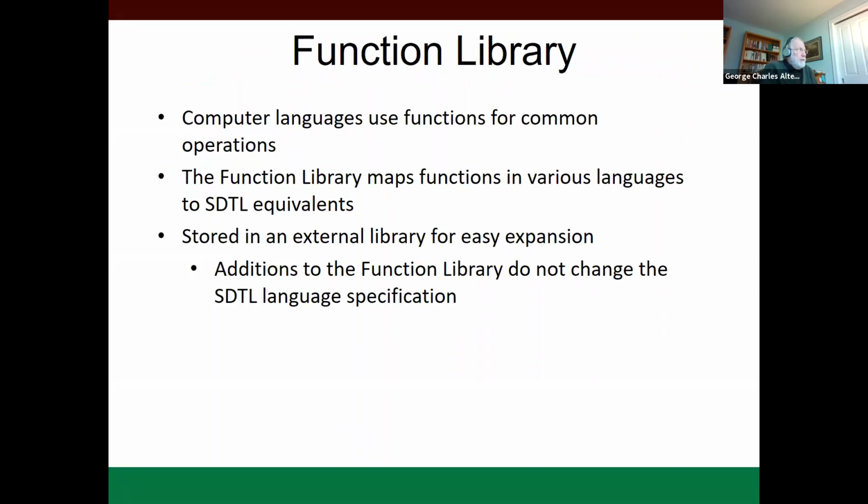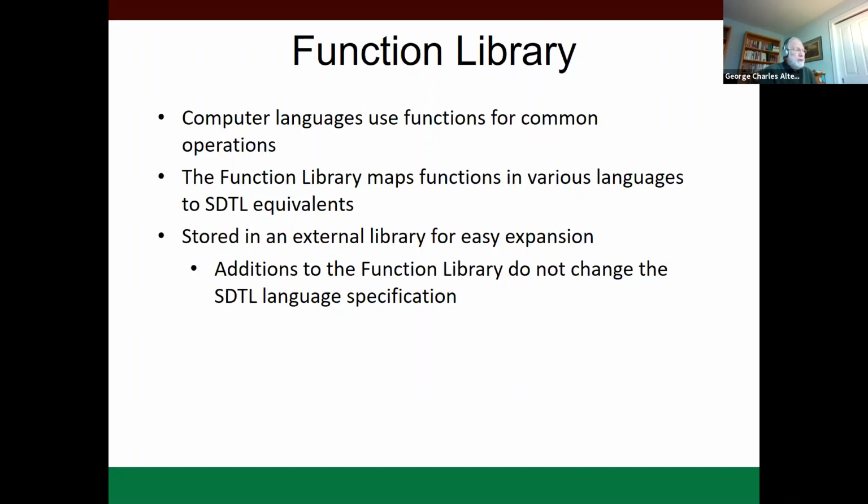So the function library allows us to handle a whole range of things that we don't really have to know about all that much. Computer languages use functions for lots of operations, you know, taking the sine of something, doing the square root and so on.